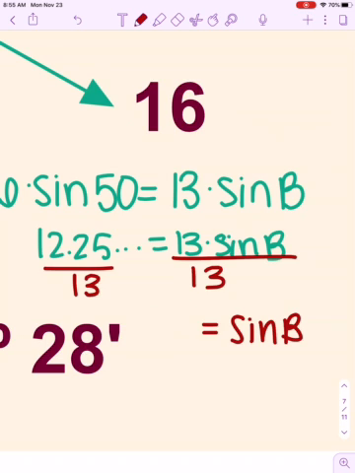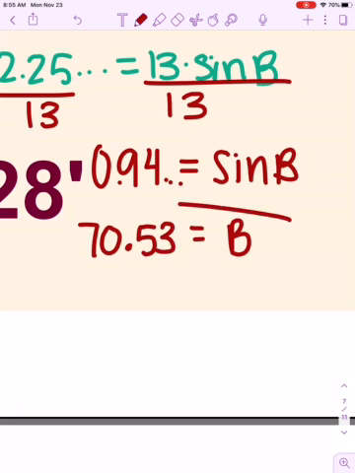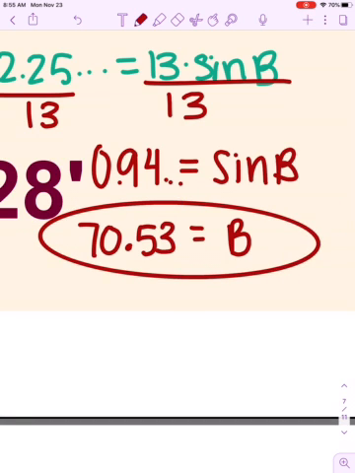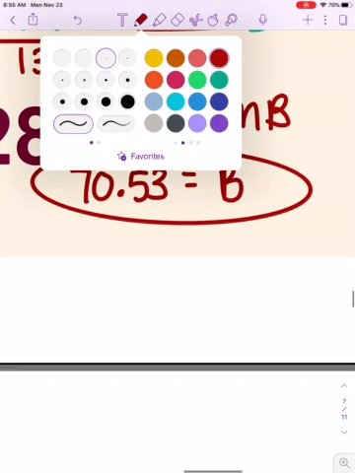You don't have to write all this down, but the sine is 0.94 and so on. Then you have to take the inverse sine of your answer, and you get 70.53. So there's our first angle.